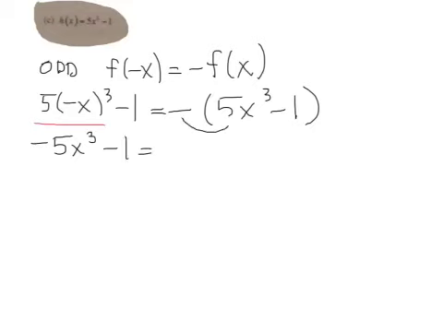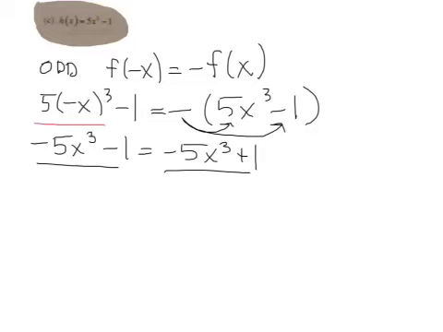So odd exponents flip the whole problem. And I'm going to distribute this negative, and that makes this one positive. So negative 5x cubed plus 1, is this equal to this? No, because of the minus 1 and the plus 1. So I'm going to put not equal, and I'm going to say neither.